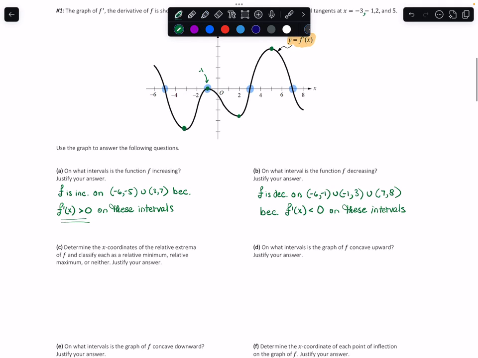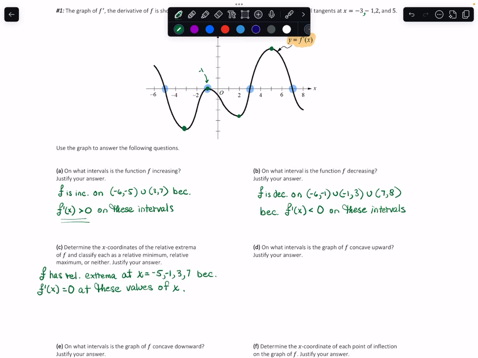So I'm going to say f has relative extrema at x equals, now I'm going to list them, -5, -1, 3, and 7, because what happened at these x values? The derivative f prime of x equals 0 at these values of x. Okay, so cool beans.